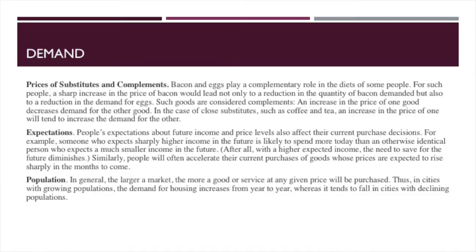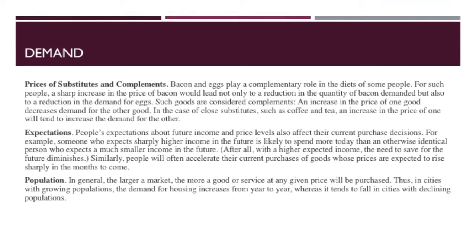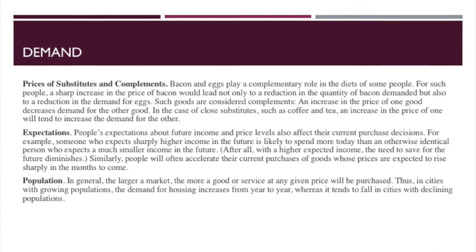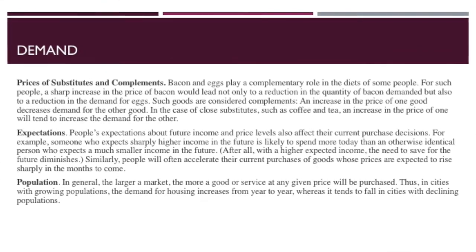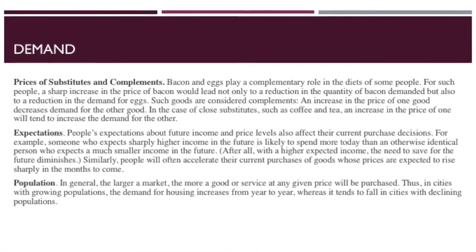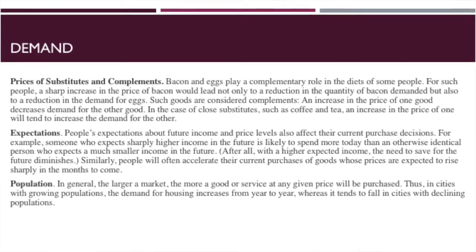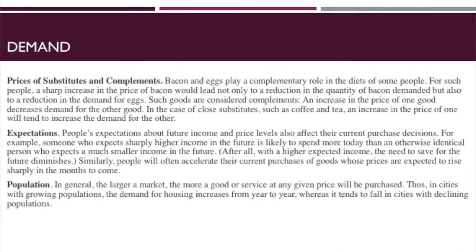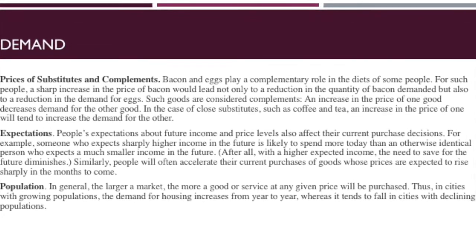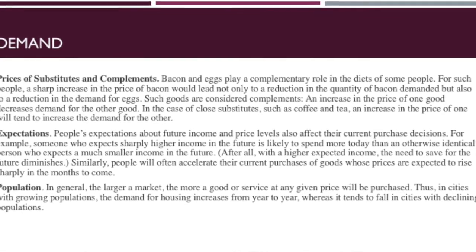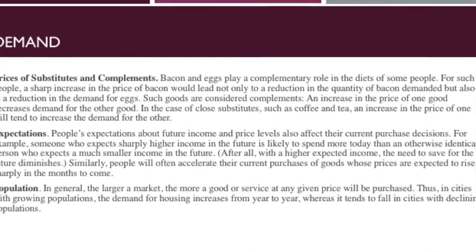Other sources of shifting of a demand curve or fluctuations in demand for certain kinds of products: prices. The prices of substitutes and complements. If you go to the grocery store, for example, and you want ketchup versus salsa, and you're indifferent to whether or not you choose one over the other, maybe the price will have an impact on whether or not you purchase one or the other.